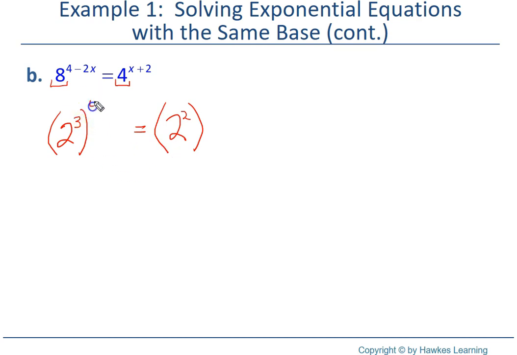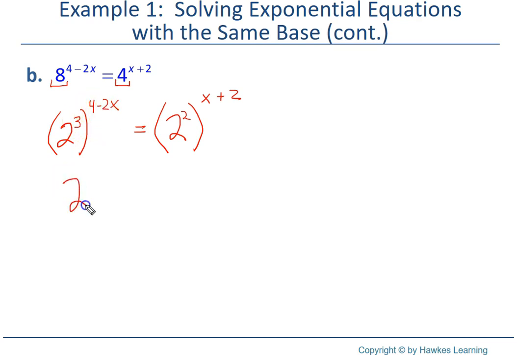And then this is 4 minus 2x, and this is x plus 2. Okay. So now I could use the power rule and get this exponent here integrated with this up here.